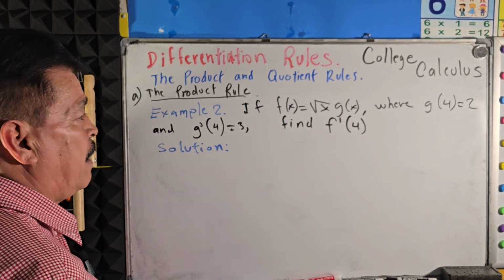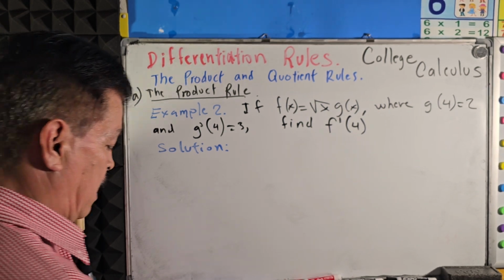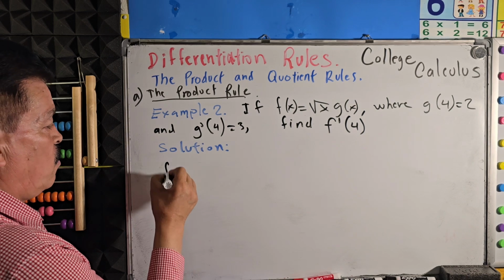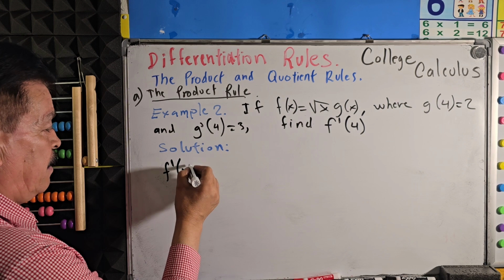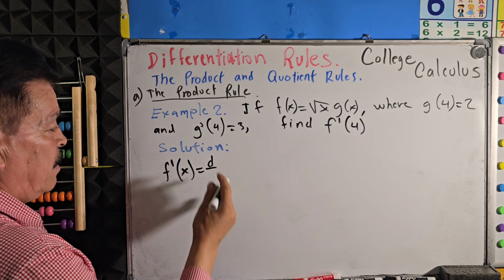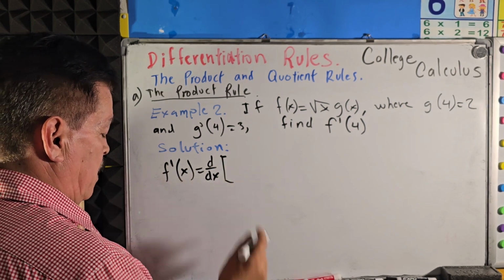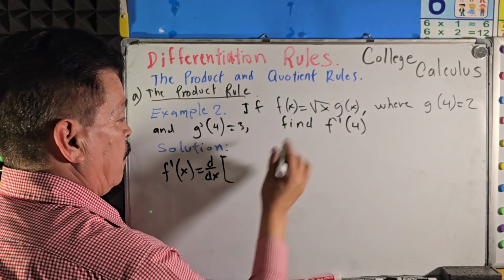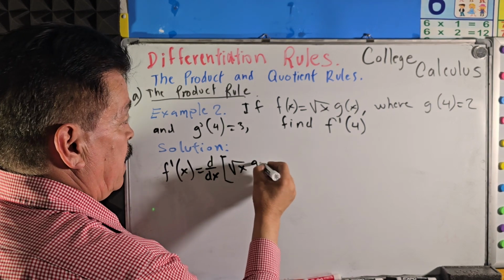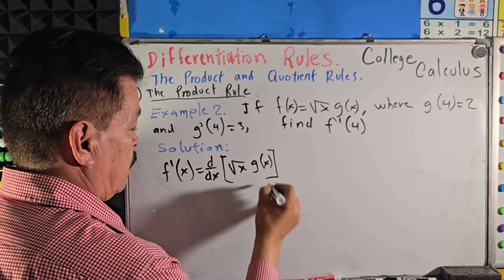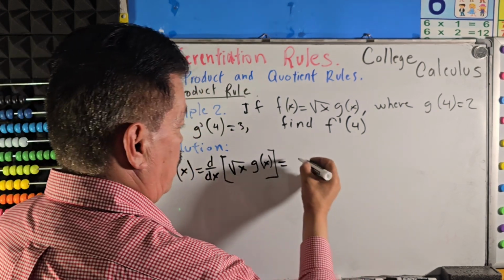So here, if you apply the product rule, we will have, let me write the whole problem here, f prime of x, the derivative, equals the derivative of the square root of x times g of x, right? So now try to develop our problem.